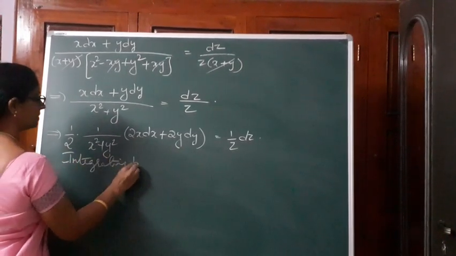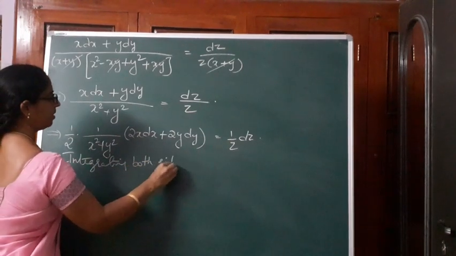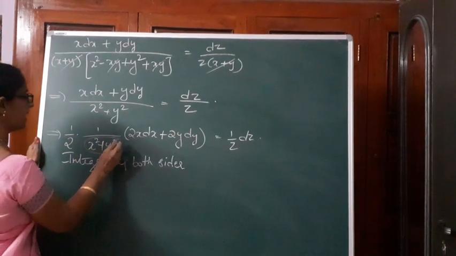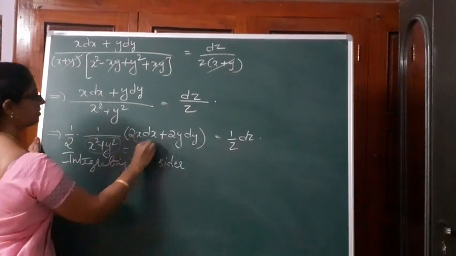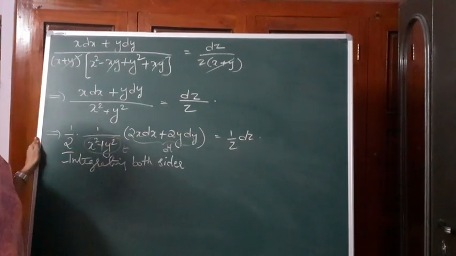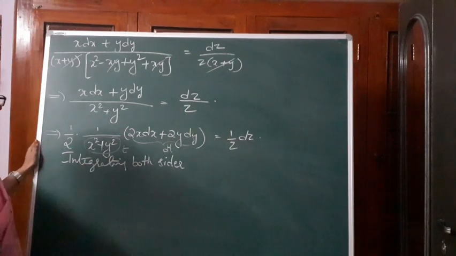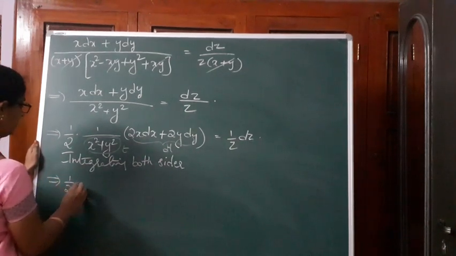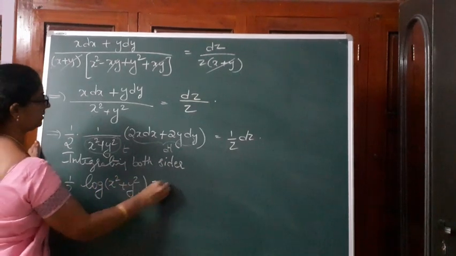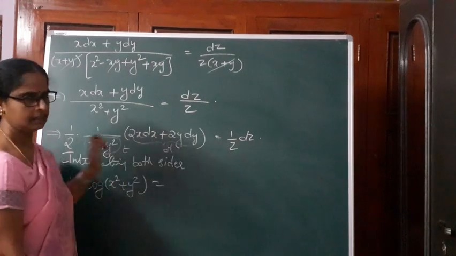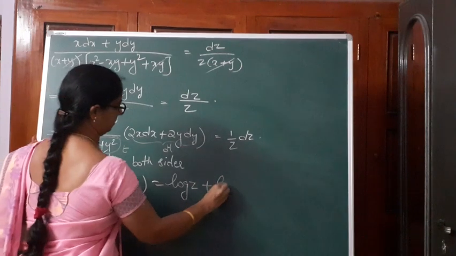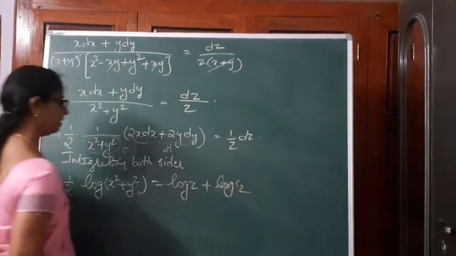Integrating both sides. What is integral of 1 by x dx? It is log x. So if we take x square plus y square as say some t, then this is all dt. Now this is of the form 1 by t dt. Integral of 1 by t dt is log t. Therefore integration is 1 by 2 into log of x square plus y square, and on the right hand side we have integral of 1 by z dz is log z plus log c2.